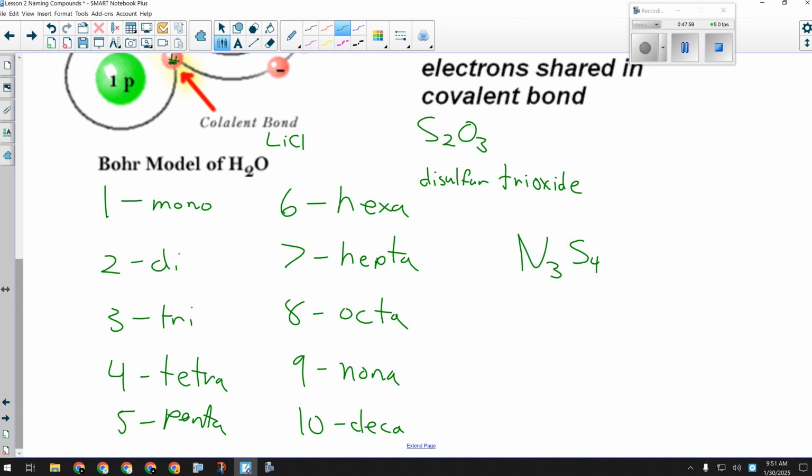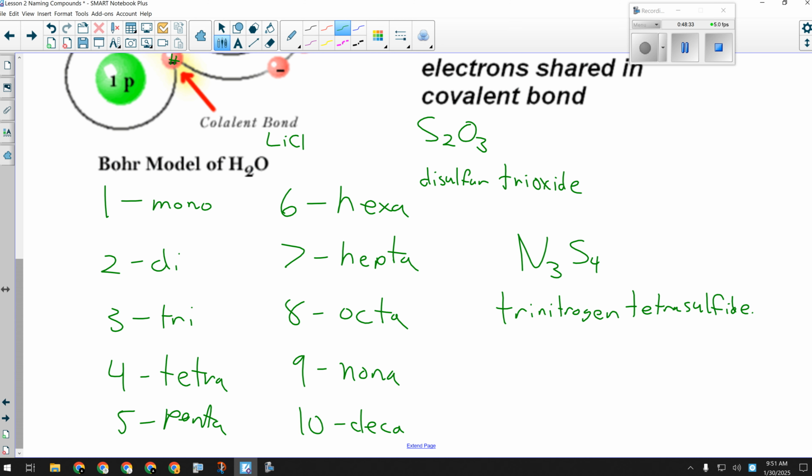So tri-nitrogen. Tetrasulfide. There's 3 nitrogens, so tri-nitrogen, tetrasulfide, because there are 4 sulfides. Is that ringing a bell from last year?